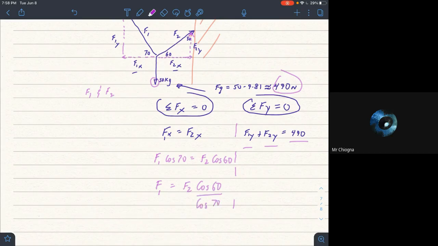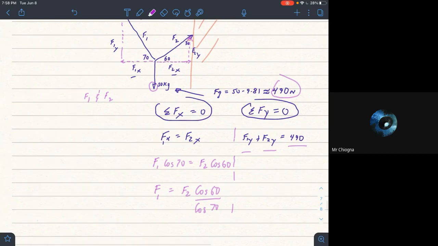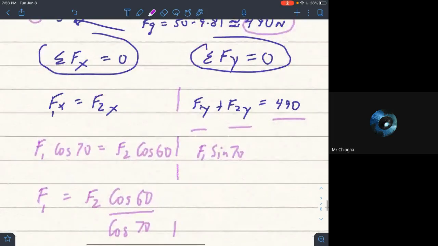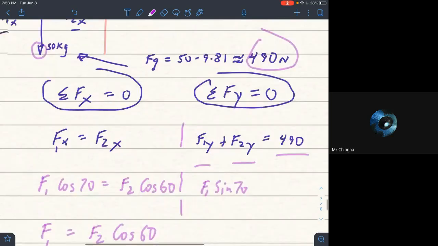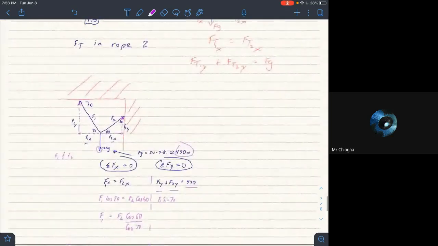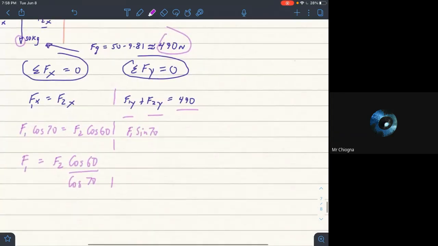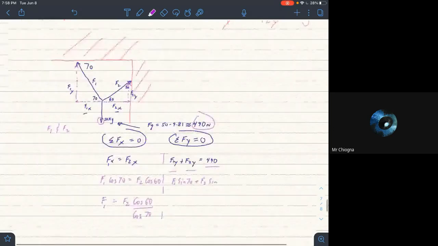You always have two equations. Usually the x is the simpler one. And then for the y component, F1 sine 70 plus F2 sine 60 is equal to the weight.